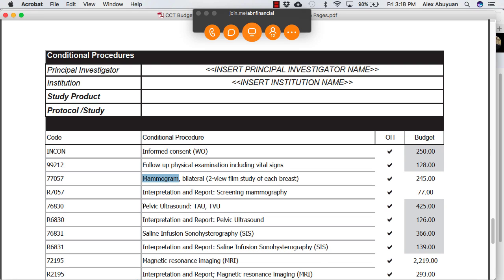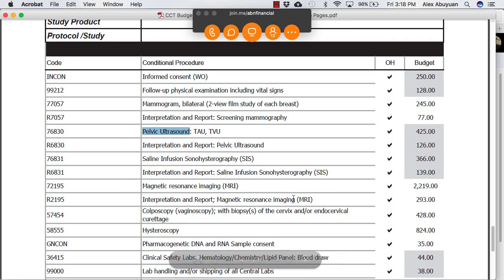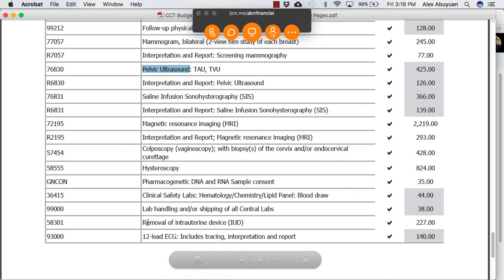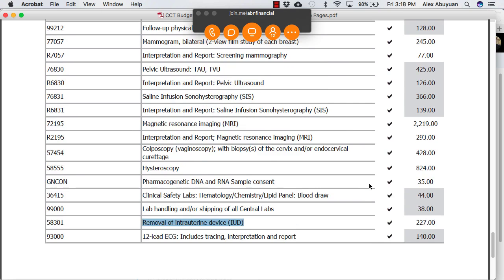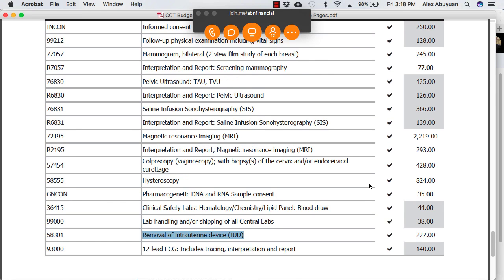These are things that might not be standard in that actual condition, but they're conditional. Like if they have to do a removal of an IUD, they're going to get reimbursed for it. So all of this doesn't really matter unless they're actually doing that stage, but they just need to know that they get paid for everything they do, and it's spelled out when they start that study.